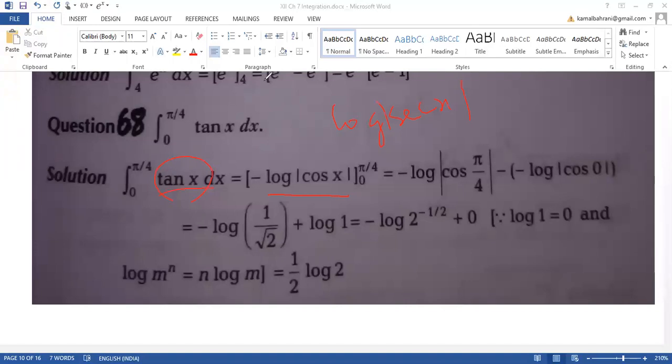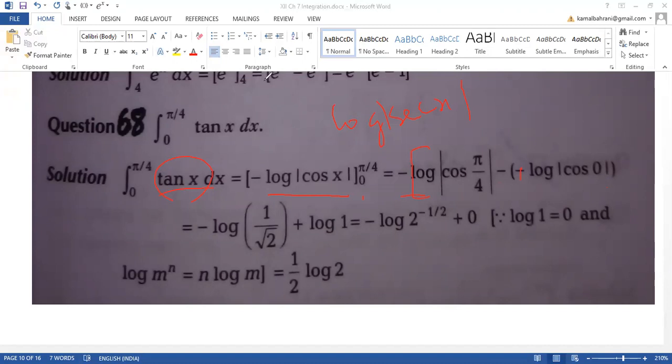Now you apply the formula, 0 to pi by 4. So minus log of cos pi by 4 minus, again just see, this minus you can take common also, so that you should not get confused. If we take this minus common, this sign will be plus, minus of log of cos 0.